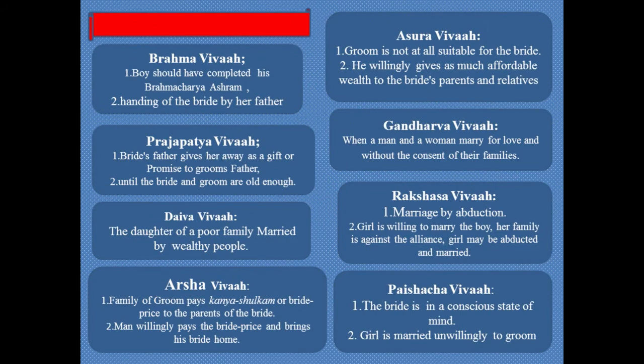Number 1, Brahma Vivaha, Prajapatya Vivaha, Daiva Vivaha, Arsha Vivaha, Asura Vivaha, Gandharva Vivaha, Rakshasa Vivaha, and Paishacha Vivaha. These were the 8 varieties of marriage which prevailed in Vedic civilization.